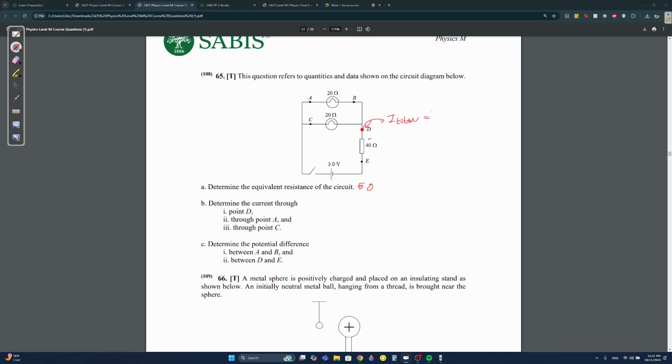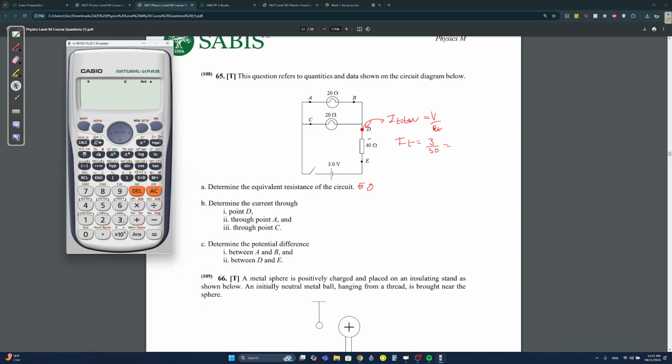Remember, I total is V over R total, and R total we found in part A to be 50. So I total is equal to 3 over 50, which is 0.06 ampere. That is correct, but the answer key puts it as milliampere, so you can just make it 60 milliampere.